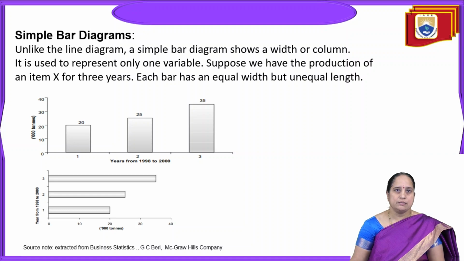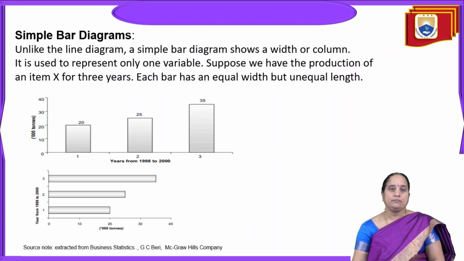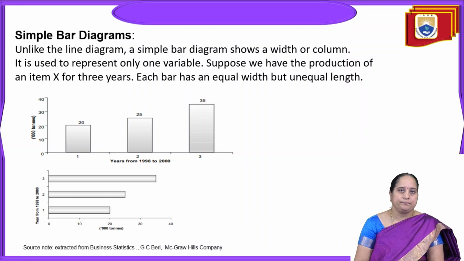Then the second one is the simple bar diagram. Unlike the line diagram, a simple bar diagram shows a width or column. It is used to represent only one variable.